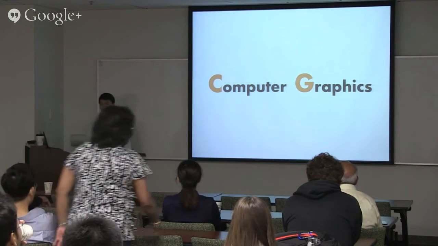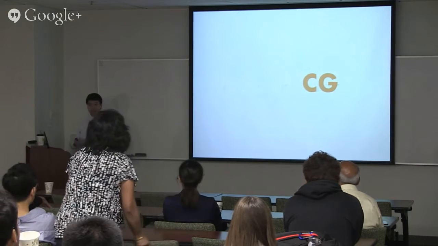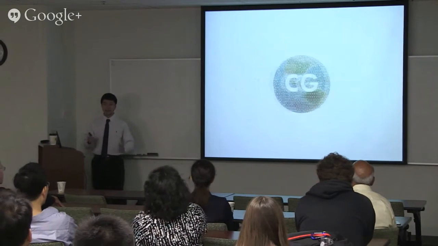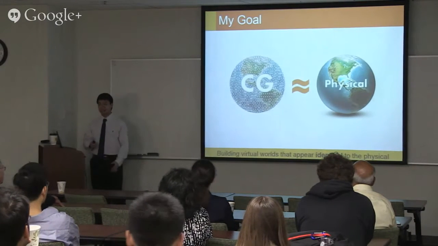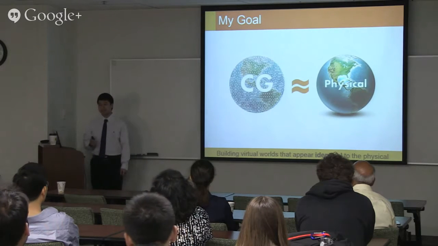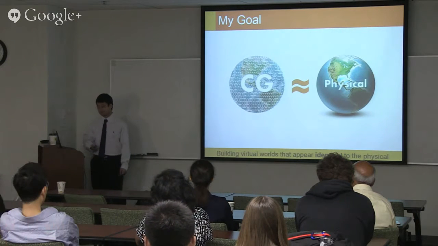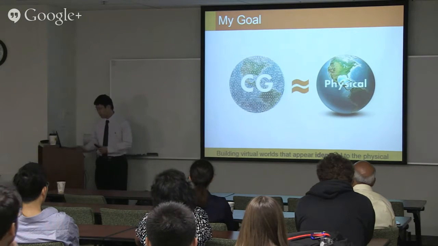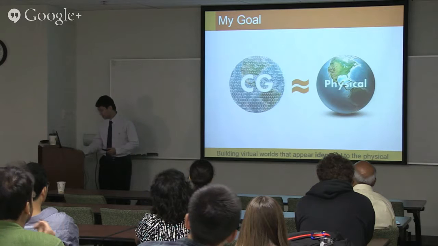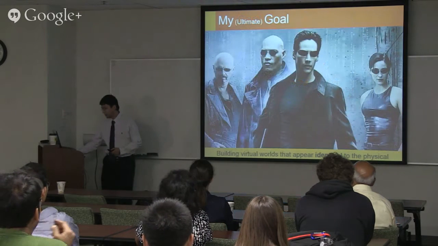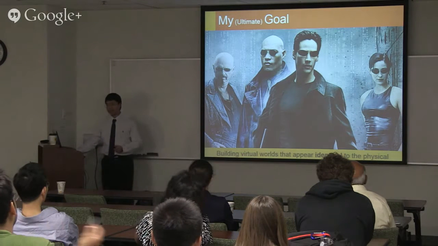So I work in the field of computer graphics, which is about building virtual realities. In particular, my research aims to build virtual worlds that appear exactly the same as the physical one, such as the Matrix.